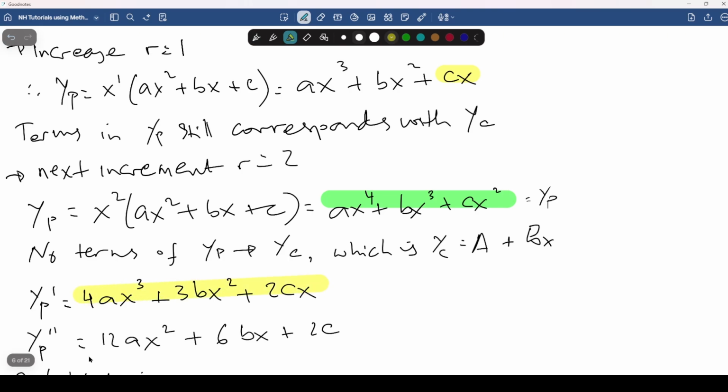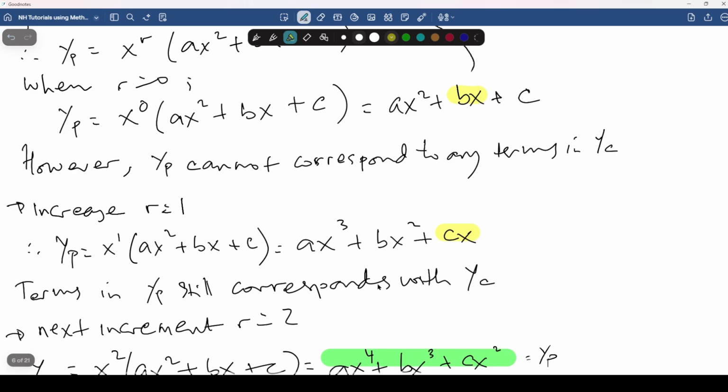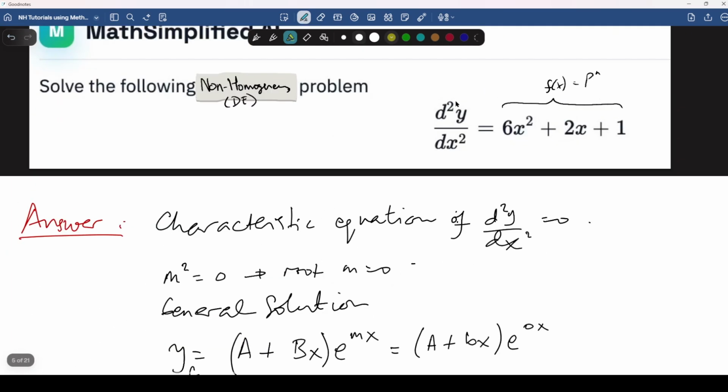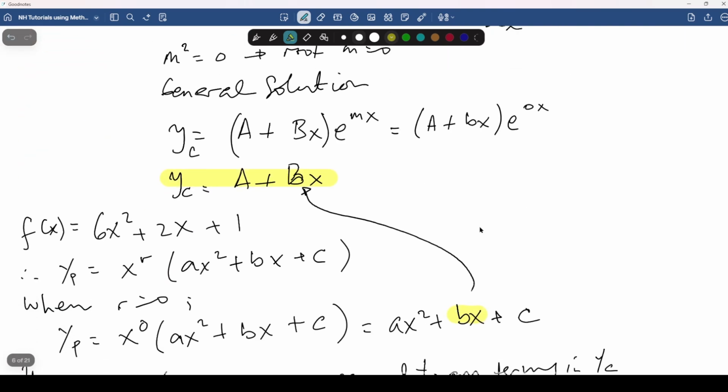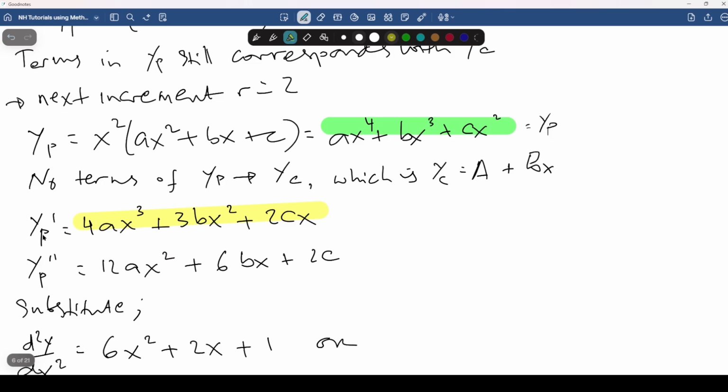And then the next one is to take the second derivative, yp double prime, and the reason for that is because the original problem is second order. So that's why I take the second derivative of yp. That gives 12ax squared plus 6bx plus 2c as our second derivative.